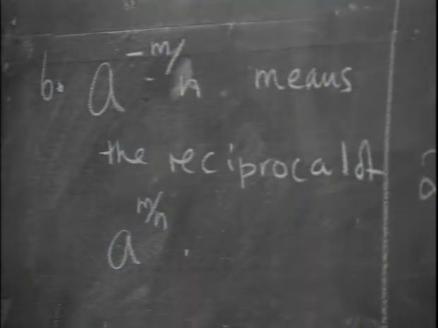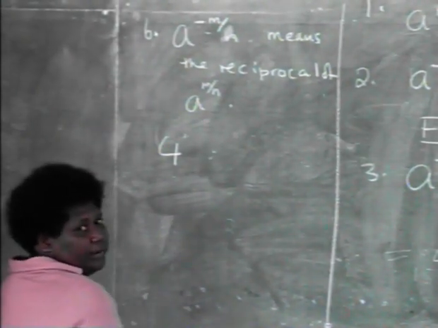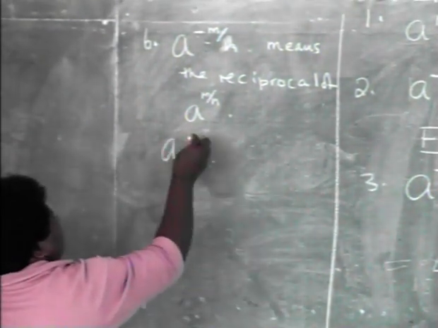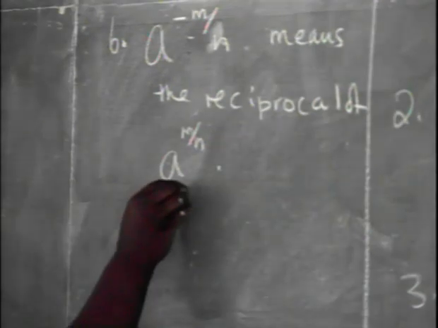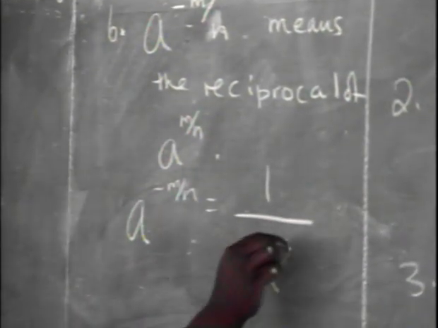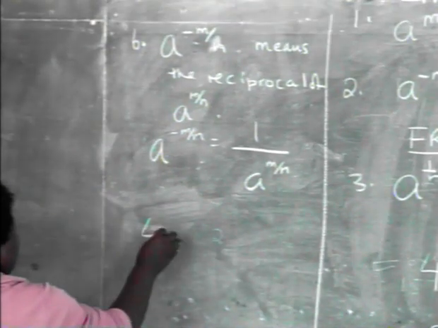Now, I'm going to use the same number 4, and I'll see if I can raise it to a negative number. Let me just write this. A to the power of minus m over n is the same as 1 over a to the power of m over n. Okay, if I can use that number, so it's easier.